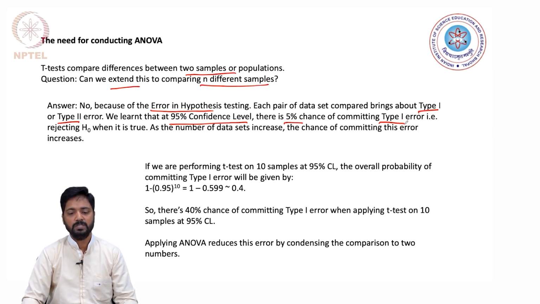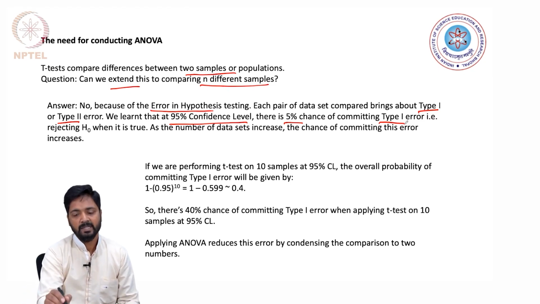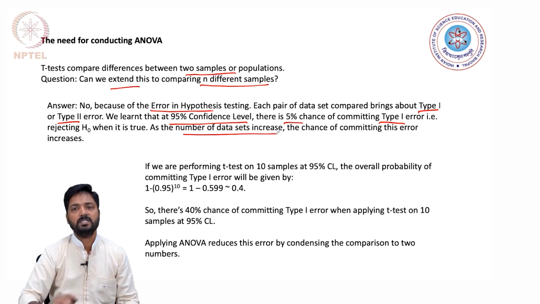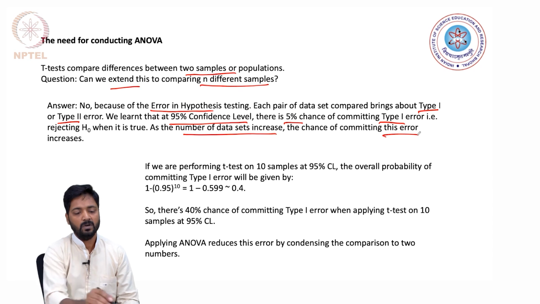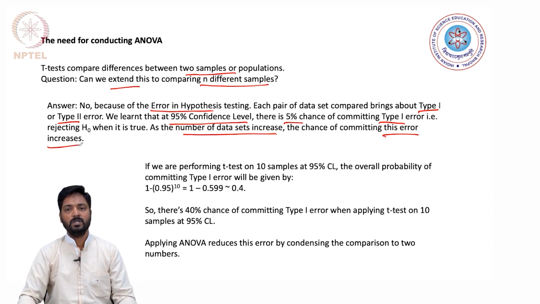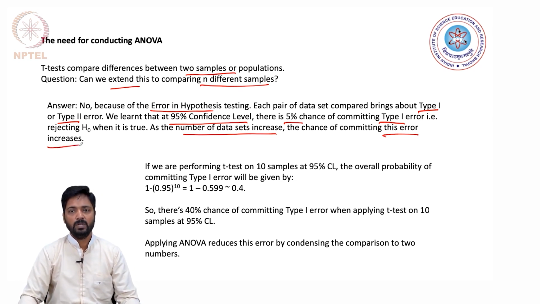The important point, or take home message, is that as the number of data sets increases, the chances of committing type 1 error also increase. So we will not be able to apply t-test on a large number of samples.